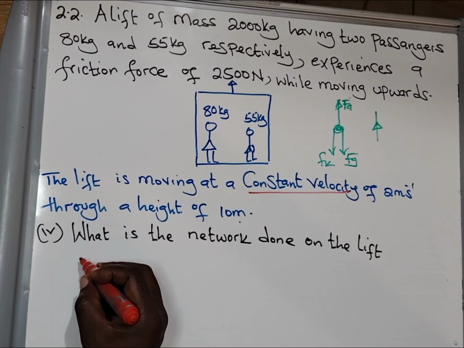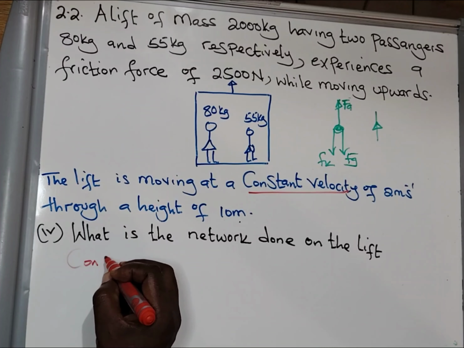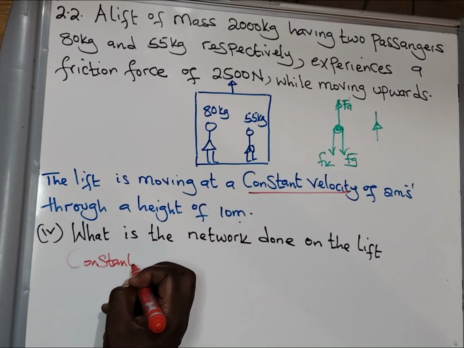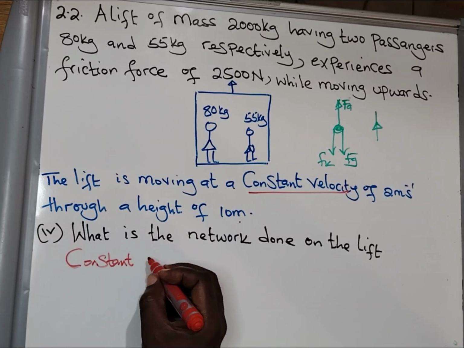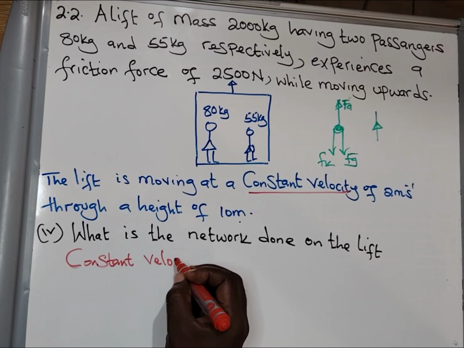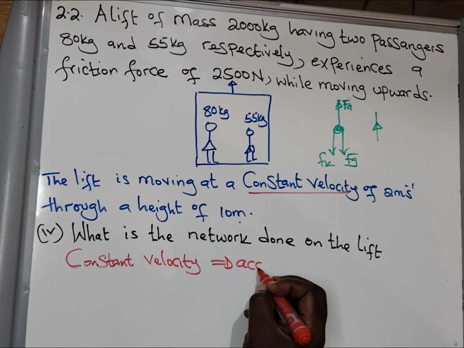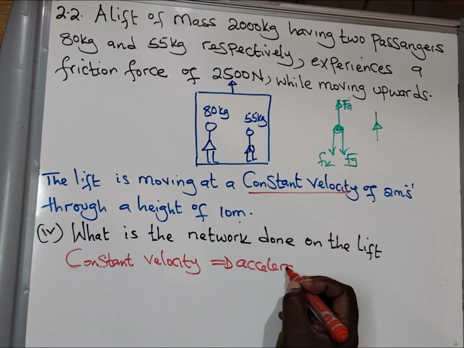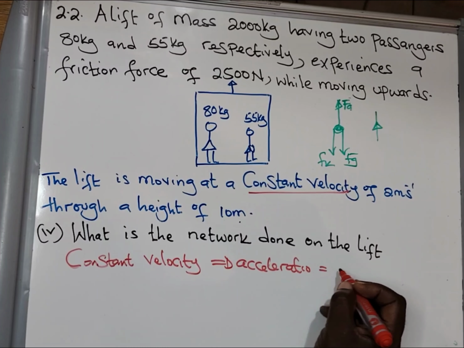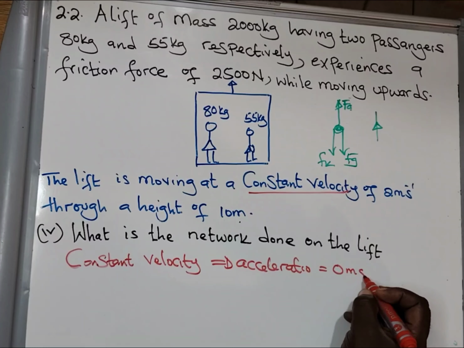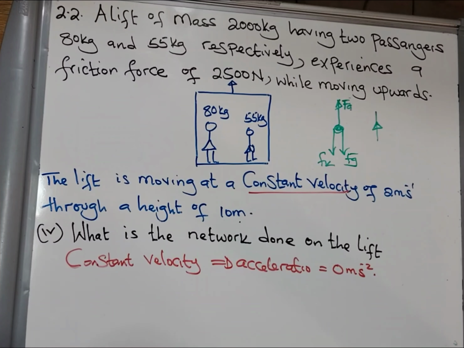Constant velocity means acceleration is equal to 0 meters per second squared.